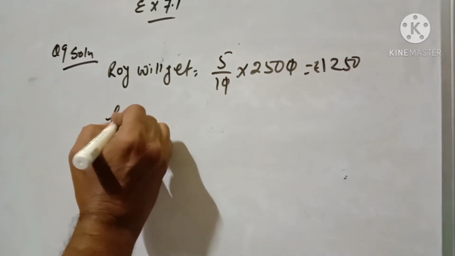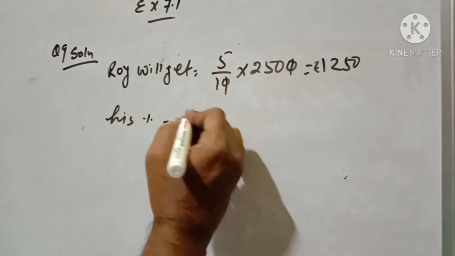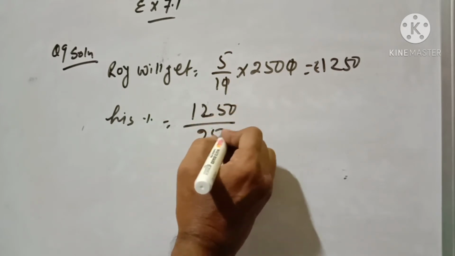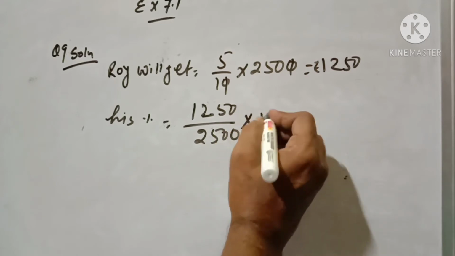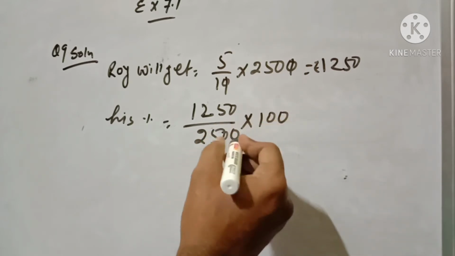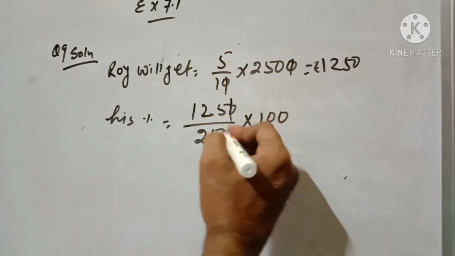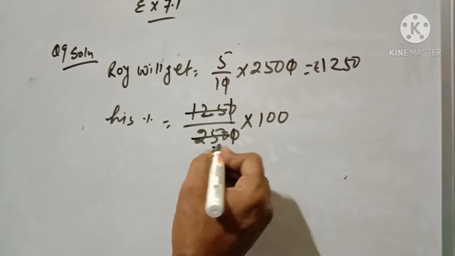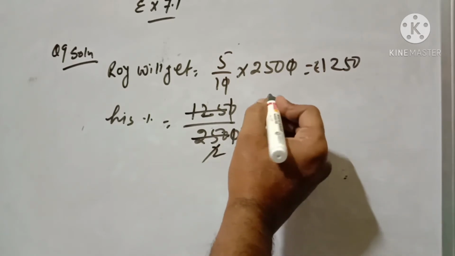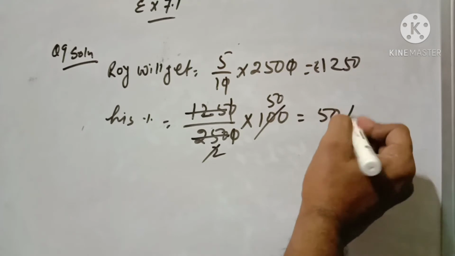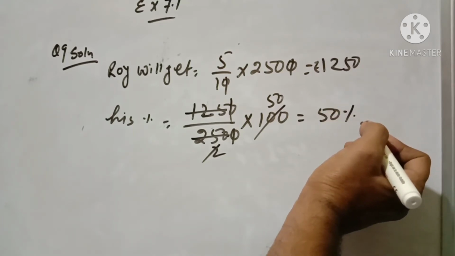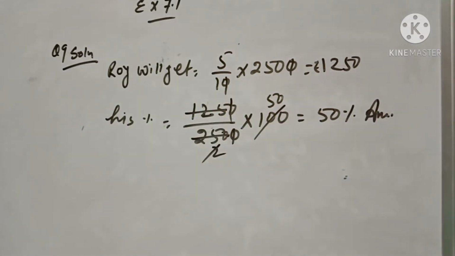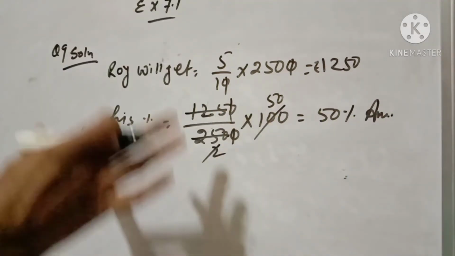Okay, and his percentage will be 1250 by 2500 into 100. So you can write this 0 gone. So 125 into 2 equal to 250. So this is 2 and this will be 50. So 50%, he will get. So this is all about your exercise 7.1.